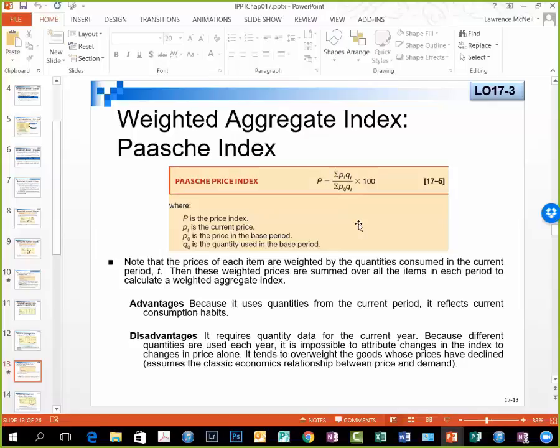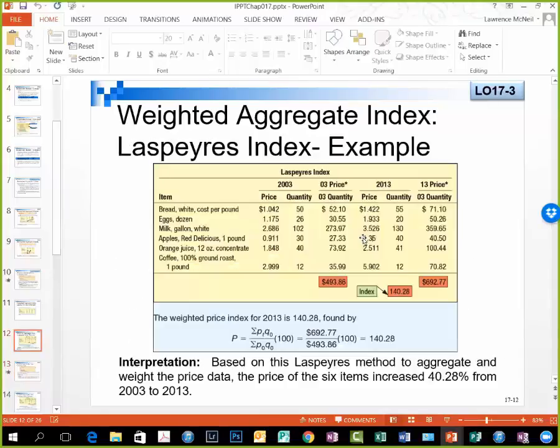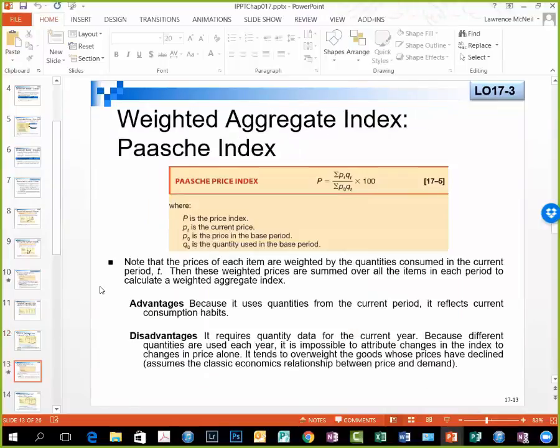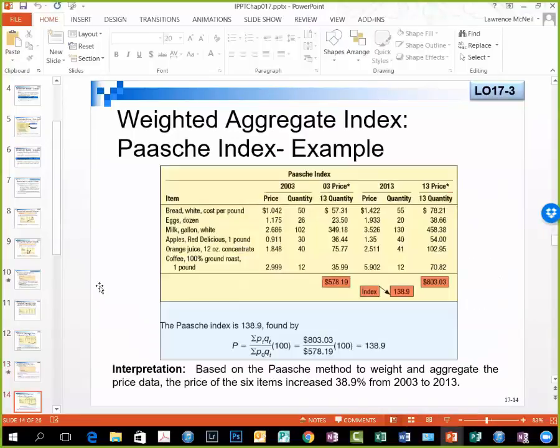So the difference here, of course, is the QTs. This was QO before, and that was QO before. If you look at the Laspeyres, you see QO. Paasche is saying utilize QTs in your calculation. PO, just look at your numbers, PO right here times QT, which would be right here.